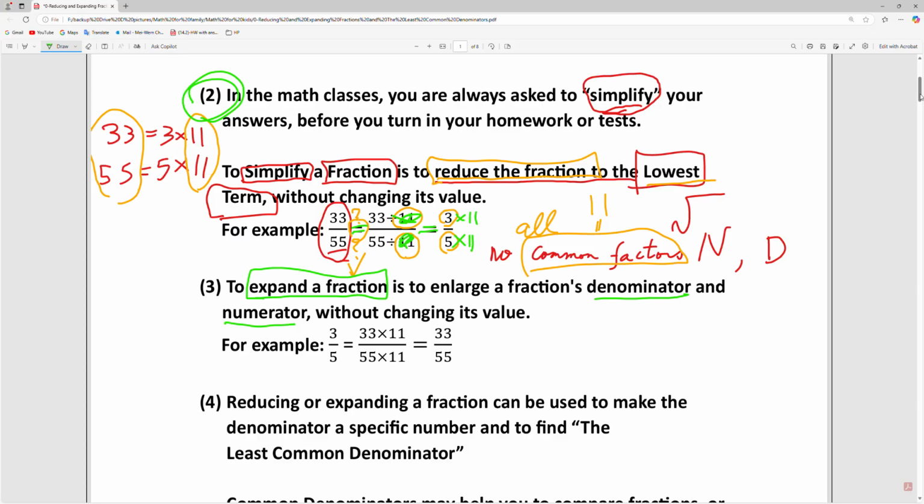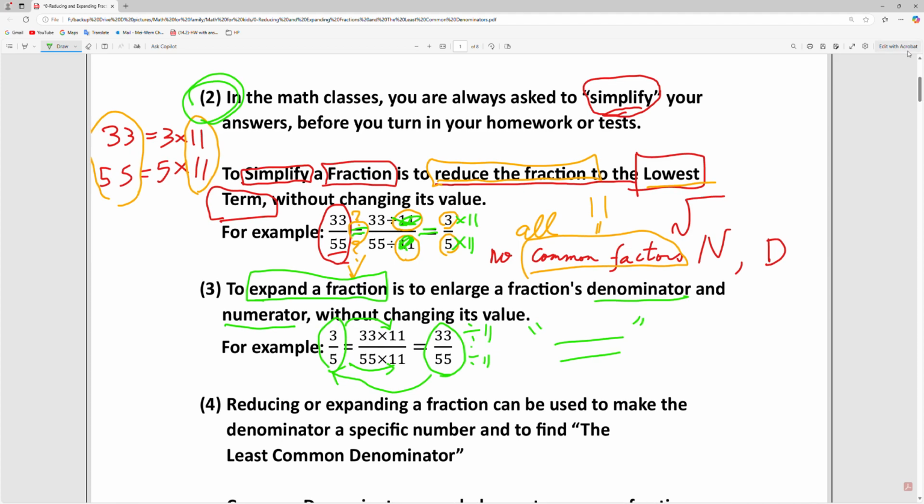So far I can explain this way, but on the next page, I will use drawing to visualize that the two fractions are equal. 3/5 equals 33/55. So no matter whether you multiply or divide, they're supposed to be equal.